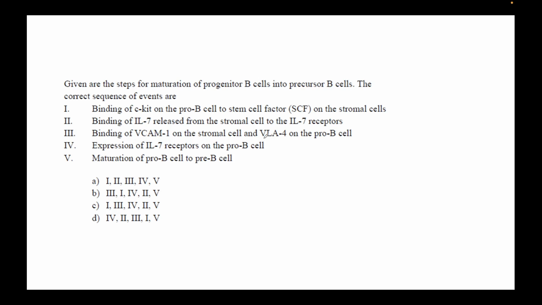Both 1 and 3 come first, followed by the IL-7 release, binding to the IL-7 receptor, and the expression of the IL-7 receptor. Then this one and then this, and then finally the maturation of the pro B cell.